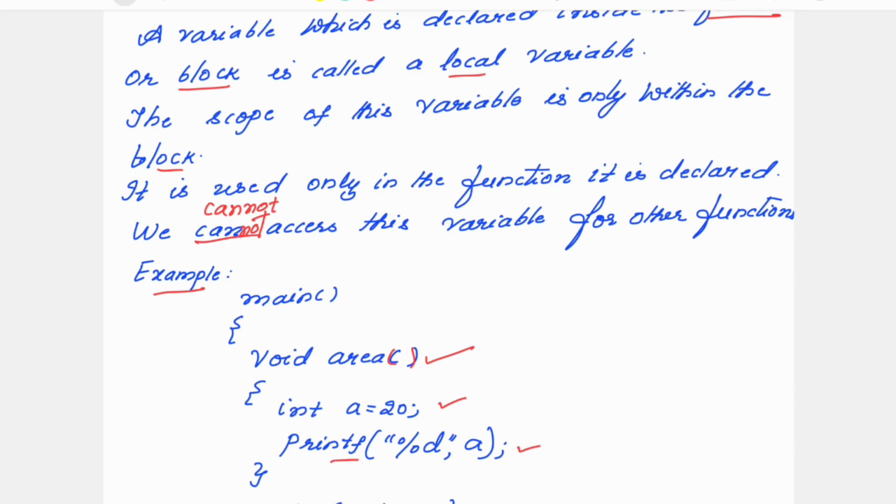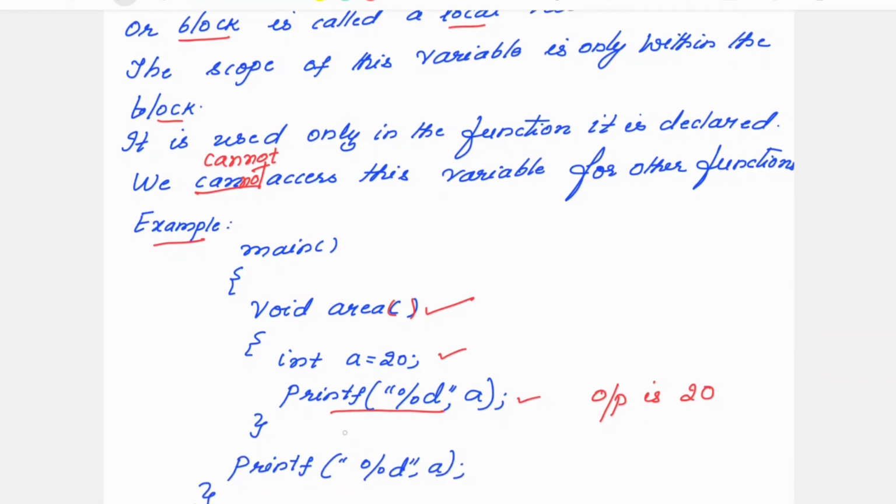When you print this value, printf %d, the output is 20, because you have initialized the variable a equal to 20. And outside this area function, you have written one more printf statement, %d a. So here the value for a will not get printed, it gives an error.